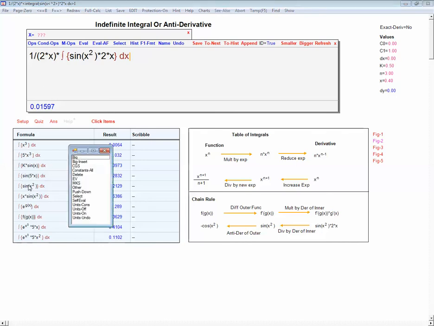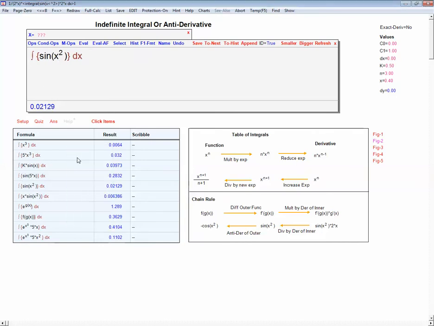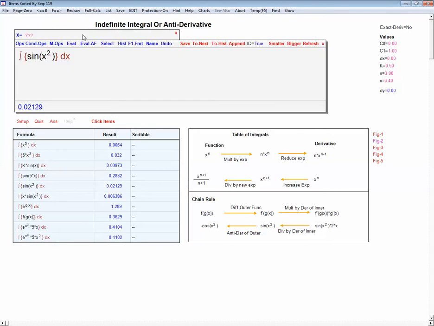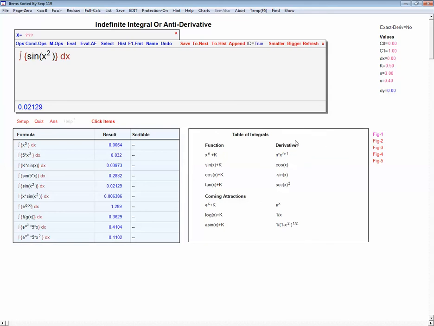So you can't do this, so we got to go back and look at this again. So we can't use our chain rule here. Let's see what the program says about this. Now, remember, the way the program works, or the way you work before there were computers, is you'd go to a table of integrals and you look through this side here and try to find something similar to the sine of x squared, and then you look on the other side of the table and find the integral.